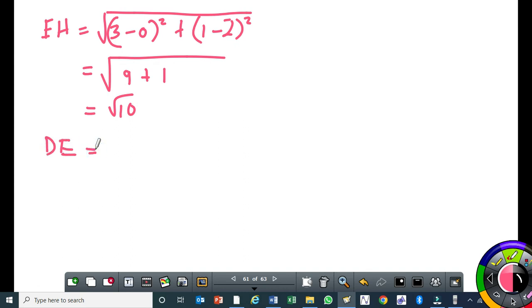Then the length of DE. Now, DE is very simple. It's 4 minus 2, and this will be a 2. Okay? Then now we can use the cosine rule.